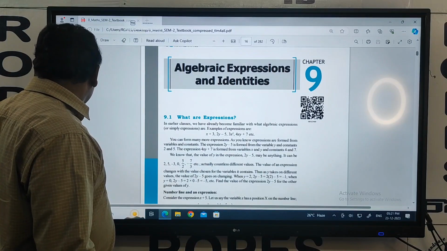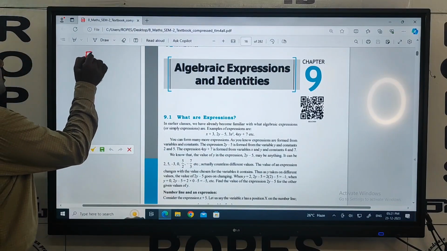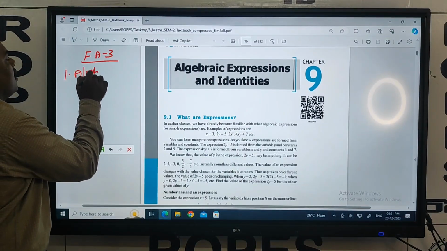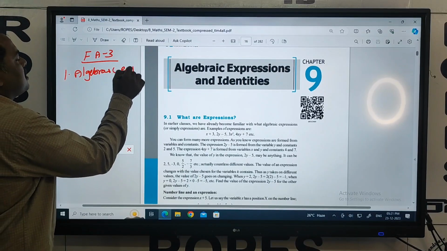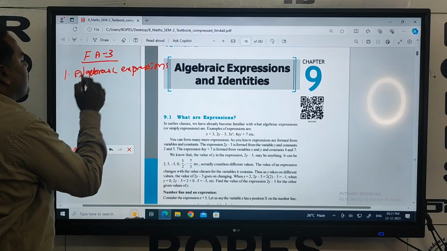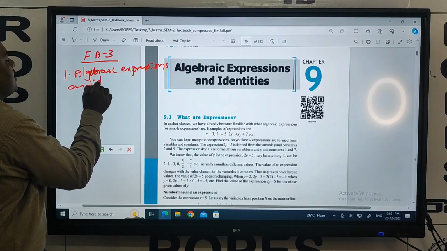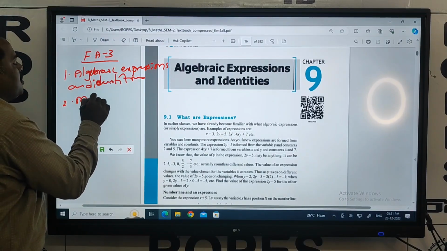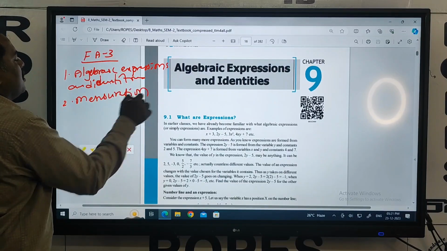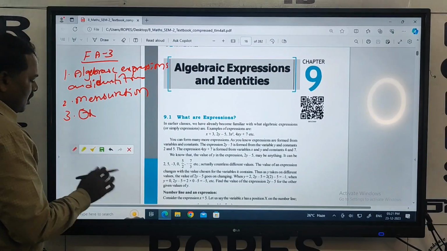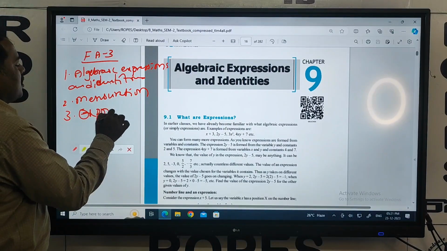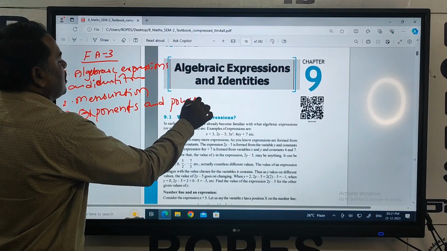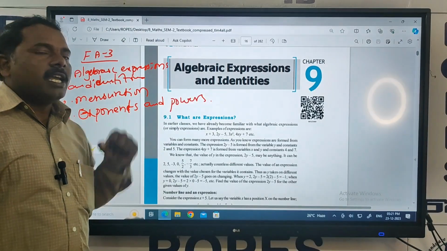In 8th class, for us, FA3 syllabus is, first, algebraic expressions and identities, and second one is mensuration, third one is exponents and powers. These three chapters for us FA3 in the 8th class.